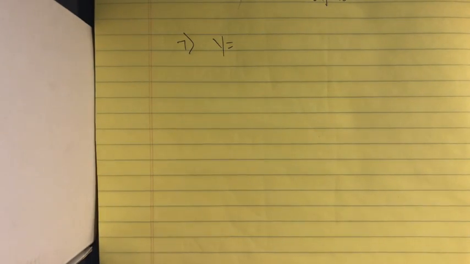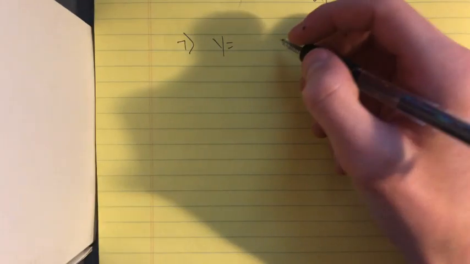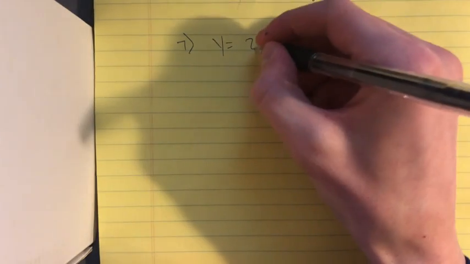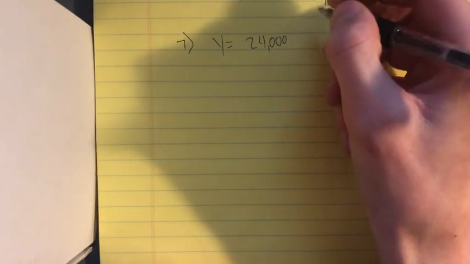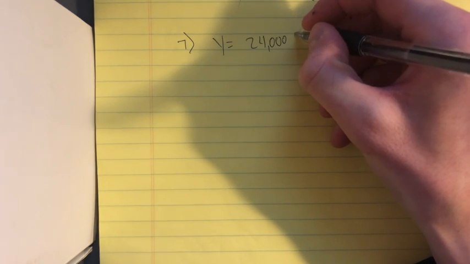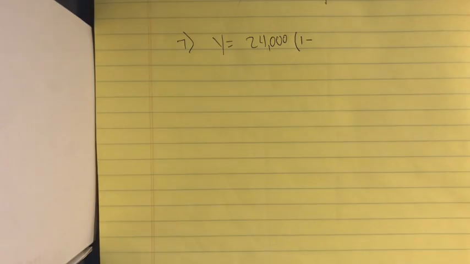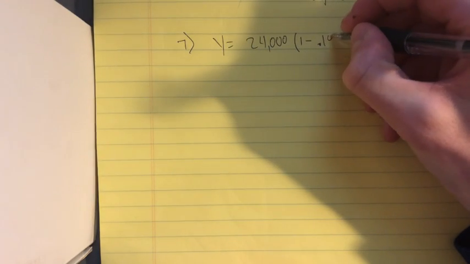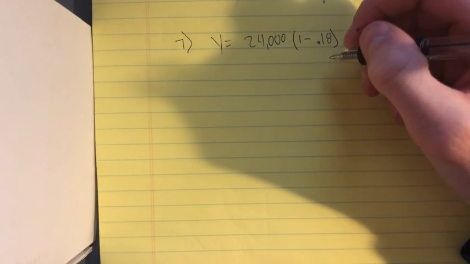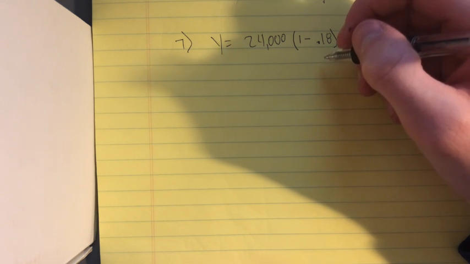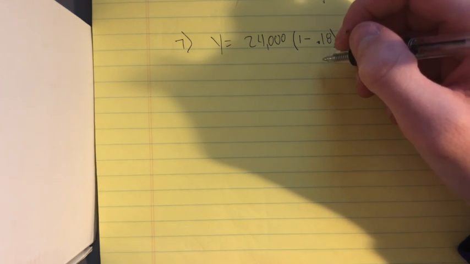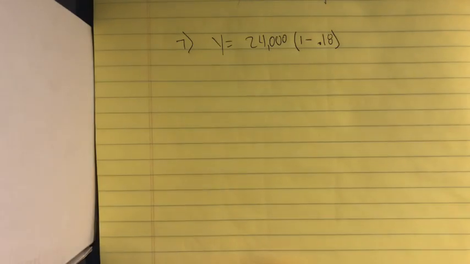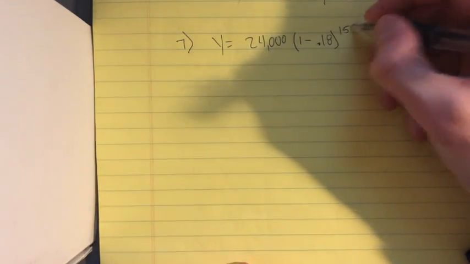So, y equals our initial amount, 24,000, and decreases by 18%, so 1 minus r, where r is the interest rate, so 0.18, raised to t, which is the time, and for ours this is 15 years.